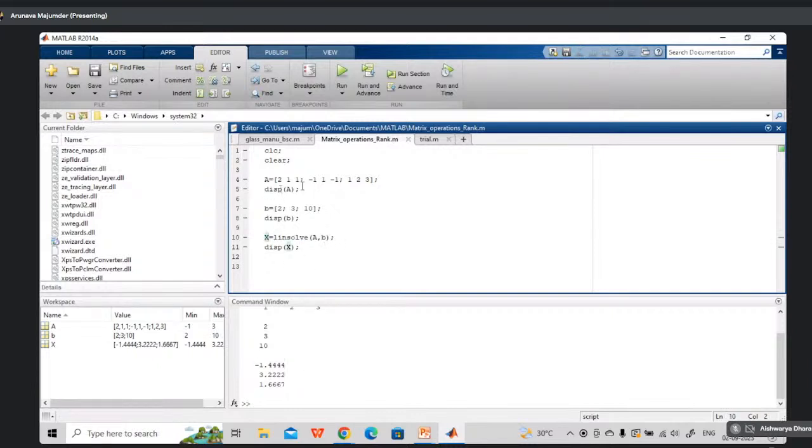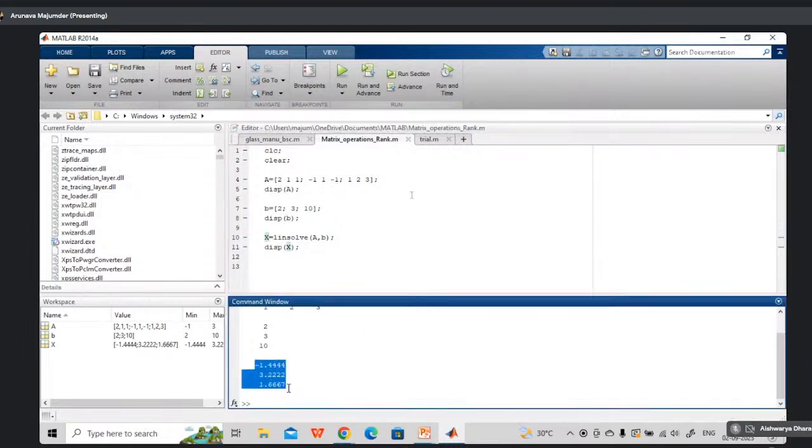Since it is a 3 by 3 matrix, of course there will be three variables, x1, x2 and x3, and these are the solution for x1, x2 and x3. Together they represent one point. You can easily solve this equation using MATLAB.